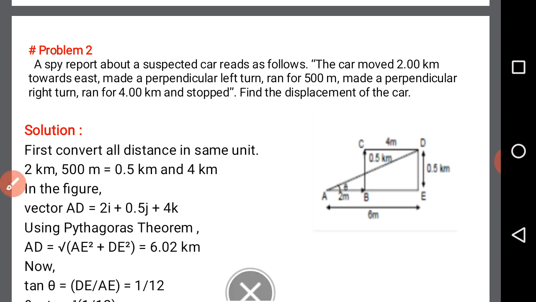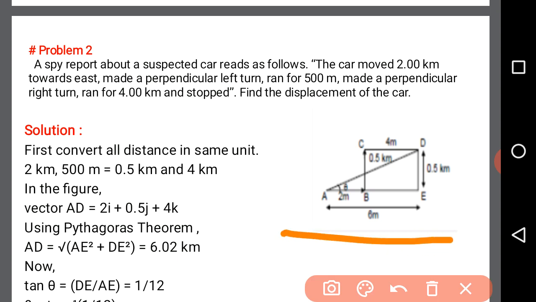Now observe the figure here. Vector AD is equal to 2i plus 0.5j plus 4k.